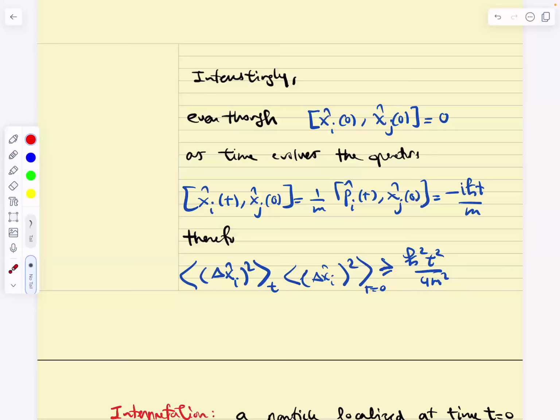No, because we just solved for xi and there was p in it as an operator, and p and x don't commute. So xi of t no longer commutes with xj of 0. Can you interpret this in words for me? It means that I cannot simultaneously know the position of the particle perfectly now and tomorrow.